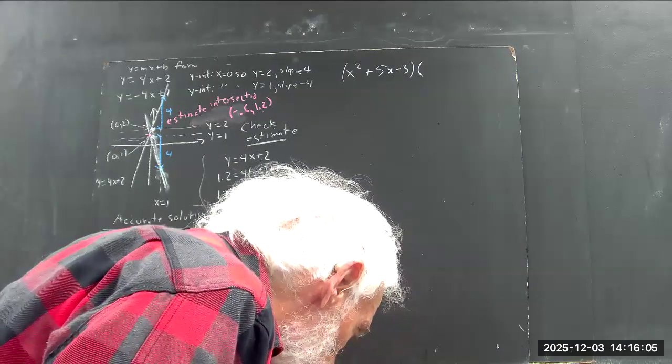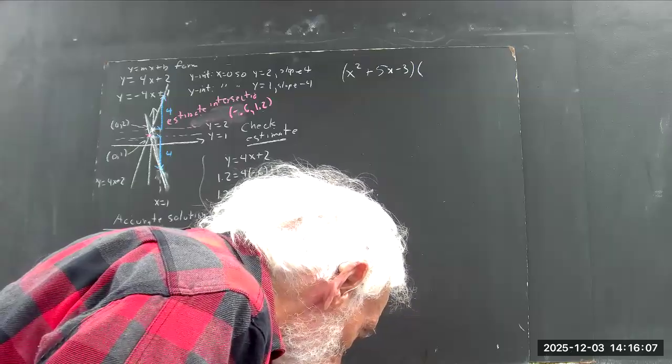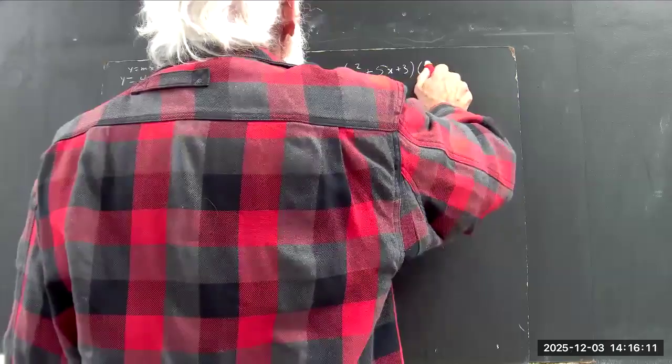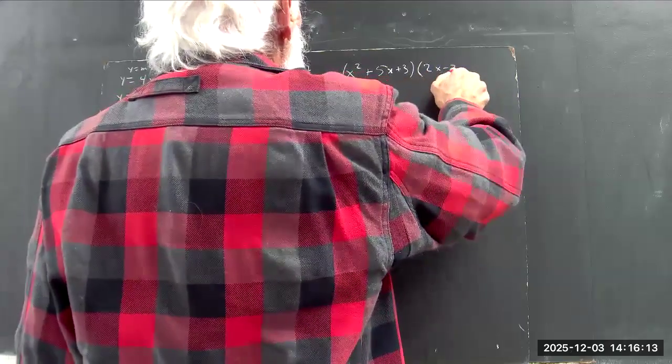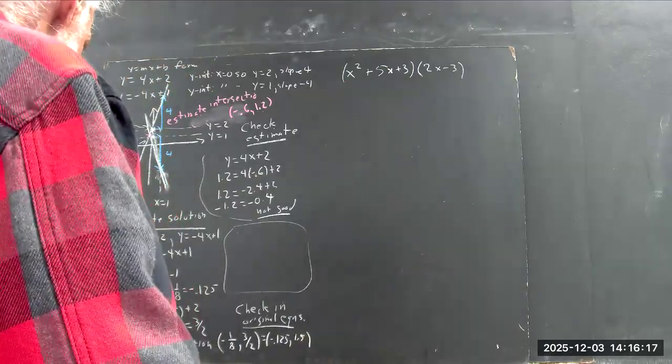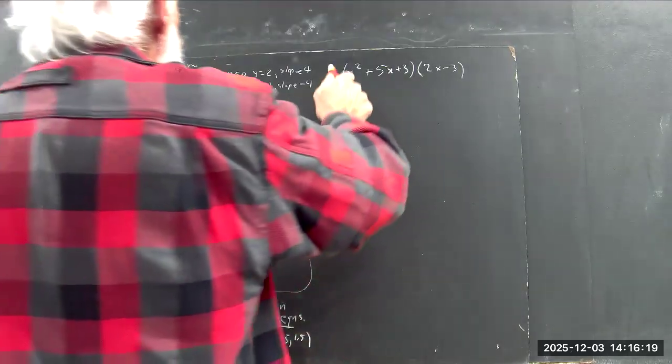Multiplying x squared plus 5x plus 3 times 2x minus 3. And that would be problem number 7.